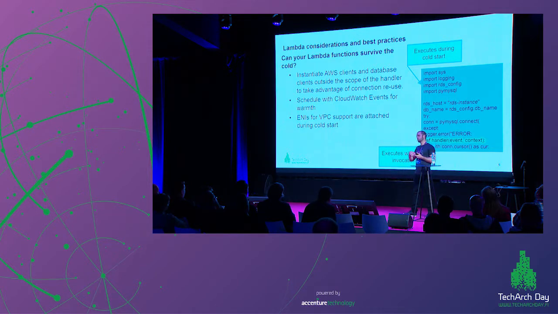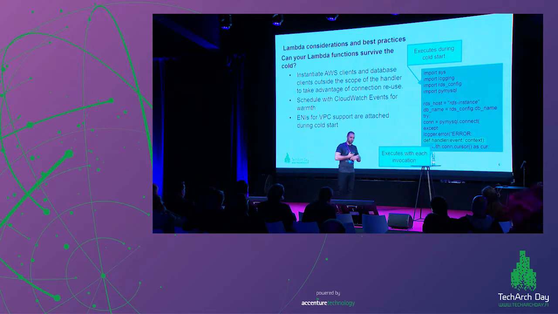The same way you would in any other microservices, initiate your database and your pool of database connections outside of the scope of the function so that when the function is called, the pool still exists from other functions. So you kind of reuse that pool for you. You can also import all the outside libraries at the beginning, the same way you would do initially.